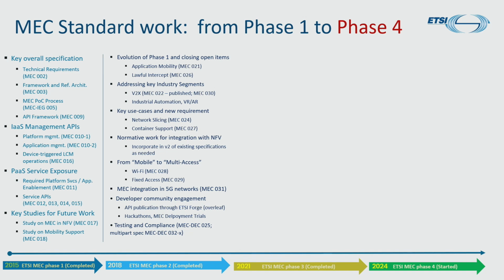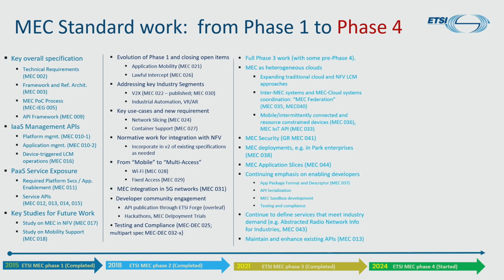Each phase lasting 3 years was a milestone: setting the scene, implementing, defining what is infrastructure as a service, platform as a service. The first APIs, we expanded from mobile edge computing to multi-access edge computing, adding the support for Wi-Fi and fixed access networks, and many more APIs, also collaborating with the verticals, 5G AA, a very fruitful collaboration.